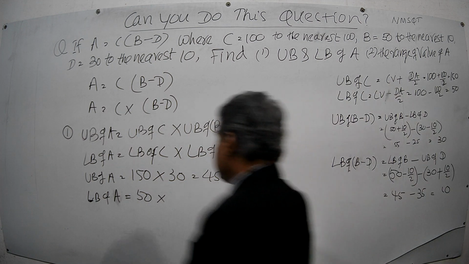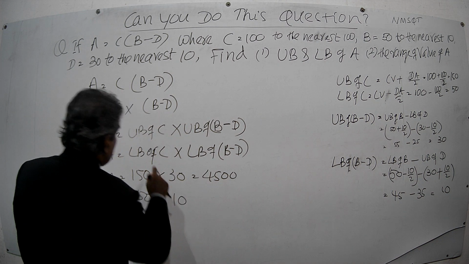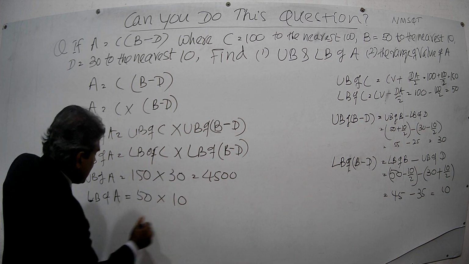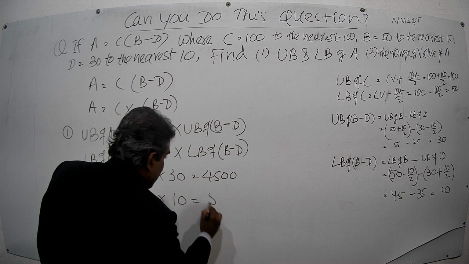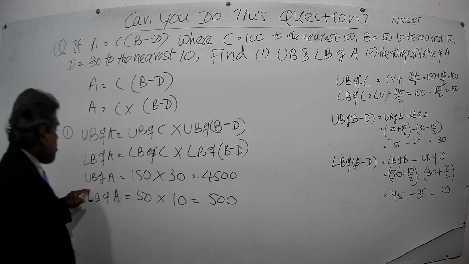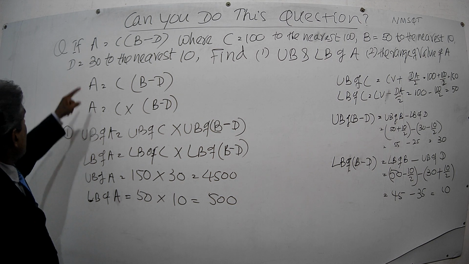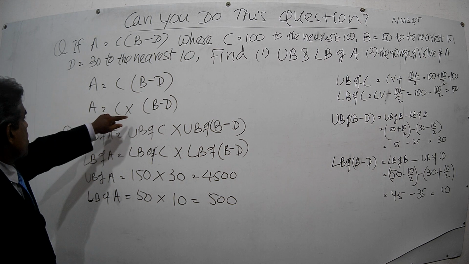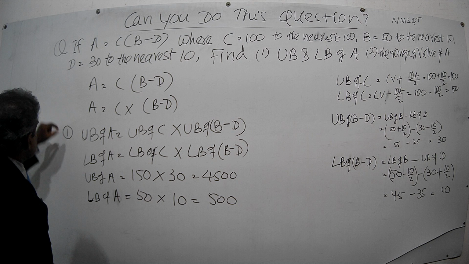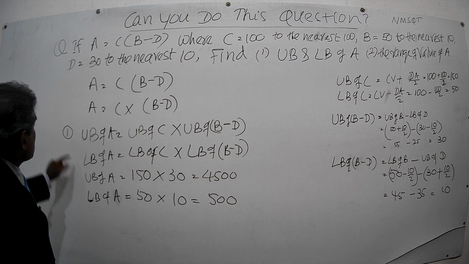You put it here, 10. Then multiply those two. You are getting how much? 500. So this is the upper bound of A, this product, and this is the lower bound of A. That is this product again. Then these are the answers for the upper bound and lower bound, the first part of the question.